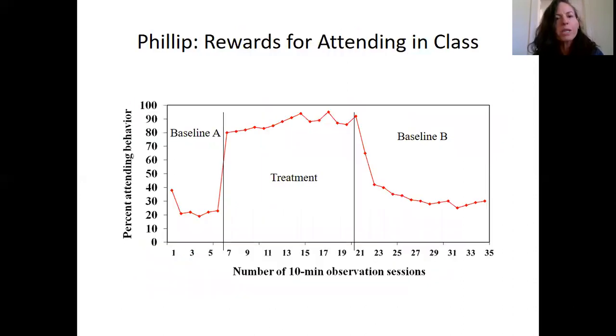Okay. So we can see that here. We're trying to get Philip to attend class, and so he gets rewards for paying attention in class. First we took a look at his baseline, and he wasn't paying attention at all. And then when he started getting rewards for paying attention, you could see during that treatment phase, he was paying attention much better. And then you can see that dropped off again when we return to baseline.